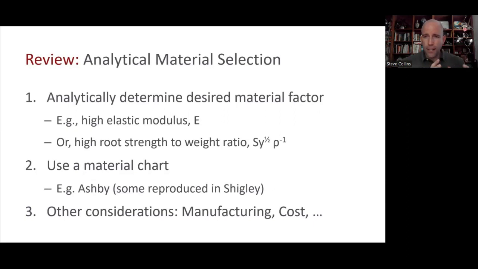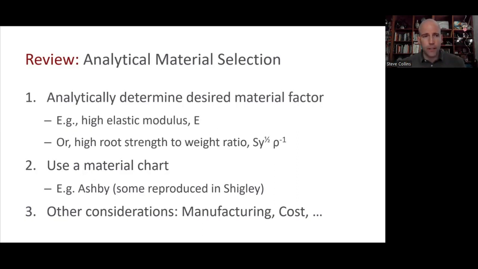So we'll use that to find the desired material factor, which could be simply high elastic modulus, but most of the time we find out that we want a particular ratio of different properties, like the square root of yield strength divided by the density, or other combinations of material properties to different factors.